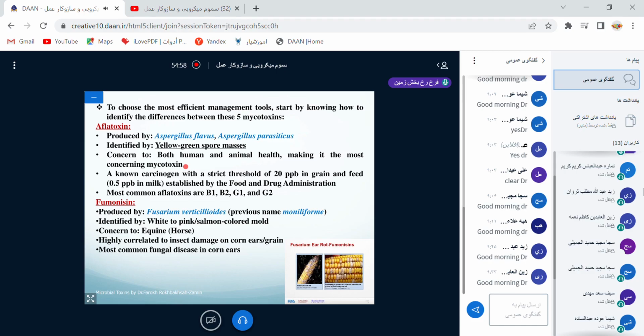But one human goes to 70 years old, 80 years old or more, and during this long life, when aflatoxin is present in the food, it may lead to cancer, because aflatoxin is a known carcinogen.